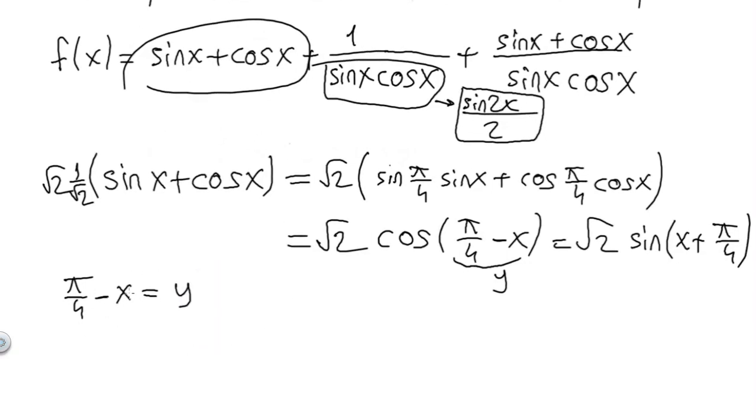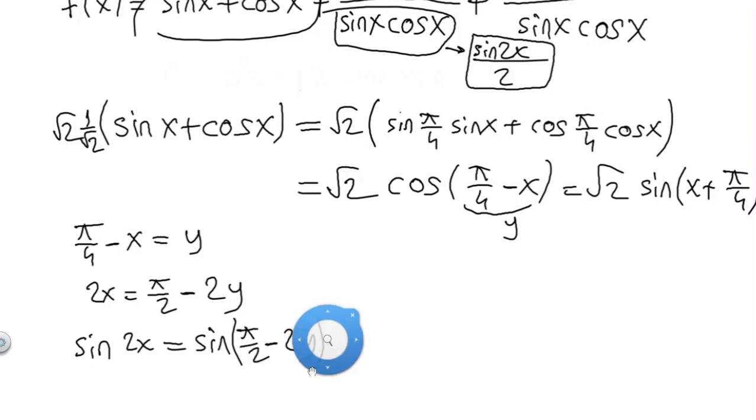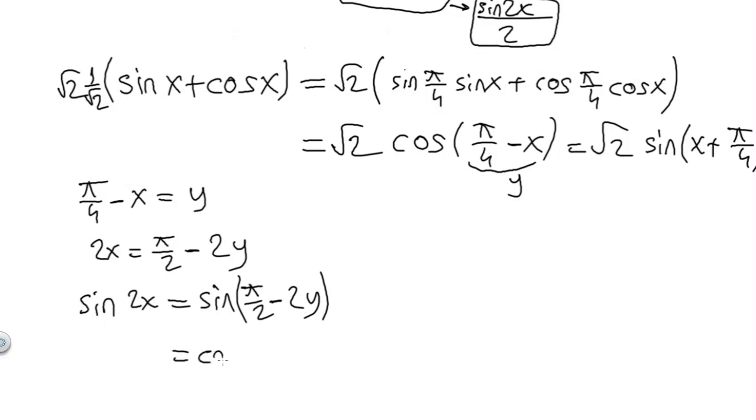So I'm going to separate the x and multiply by 2. I get 2x is equal to pi over 2 minus 2y. And now if I take sine of both sides, sine 2x is going to be sine of pi over 2 minus 2y, and this is just equal to cosine of 2y.